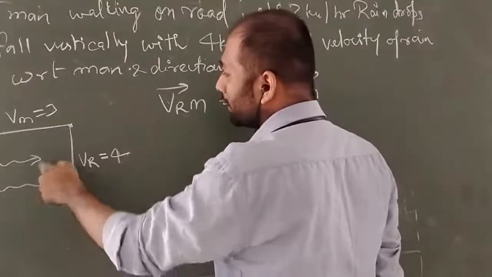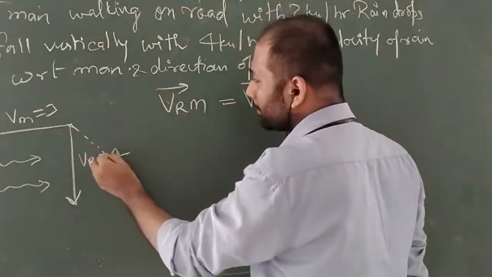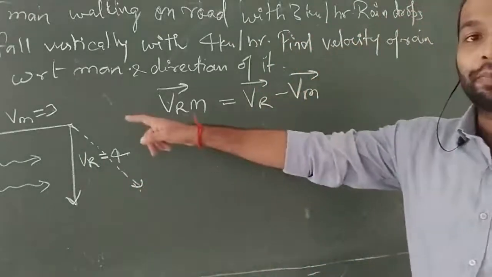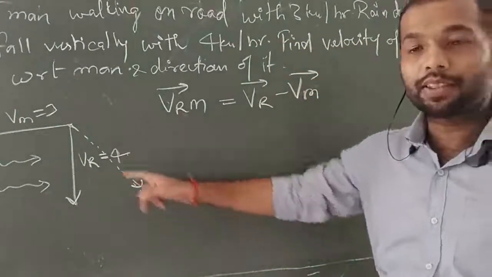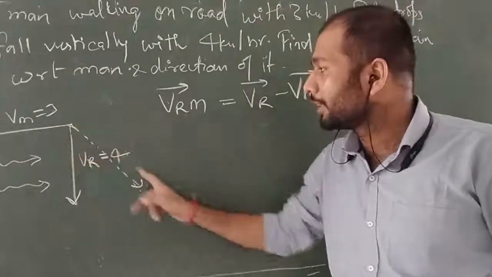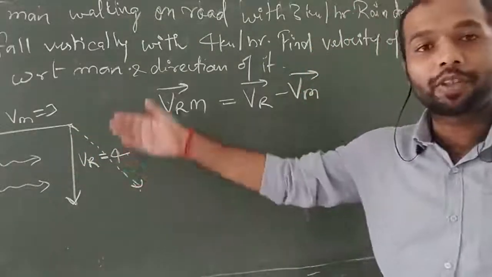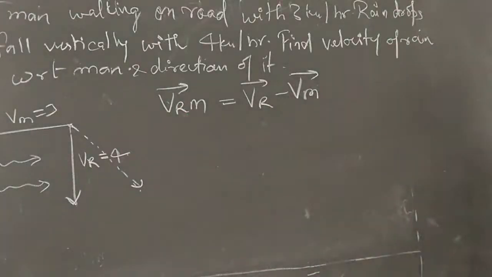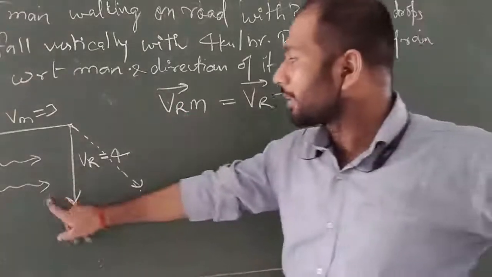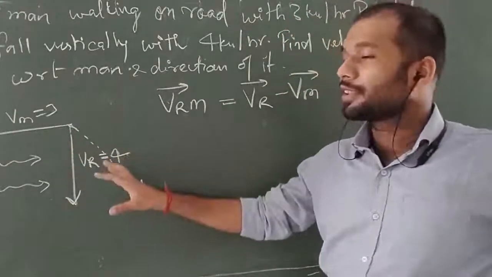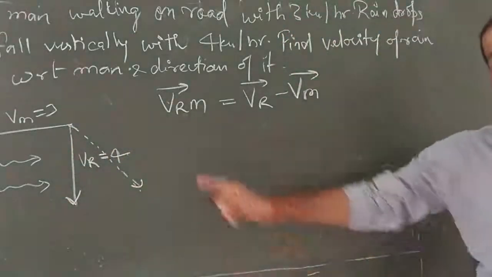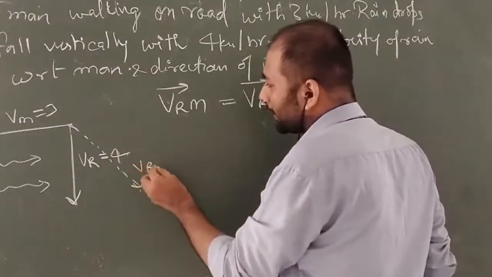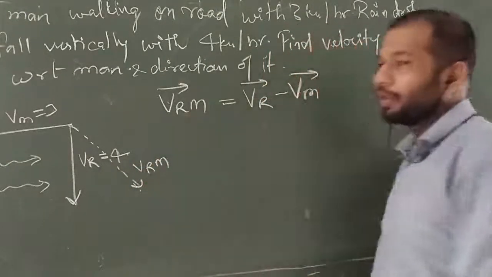This wind will cause the bending of the rain in this way, and the rain will now appear to that person to be coming in this direction. It will not appear to come vertically because he is moving. Because of the wind effect the rain has been bent, and this direction, this velocity, is our relative velocity of rain with respect to man.